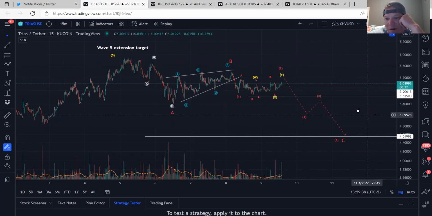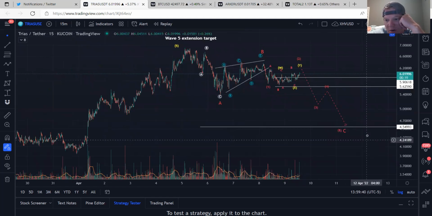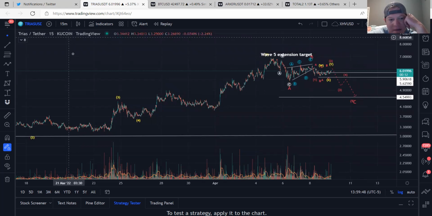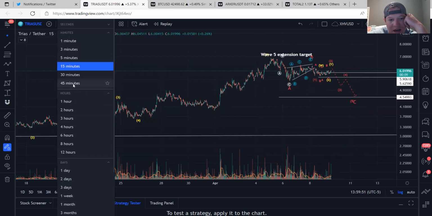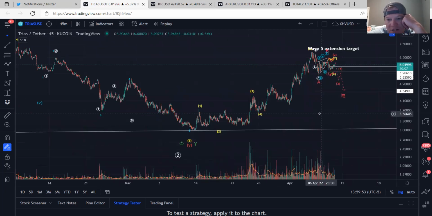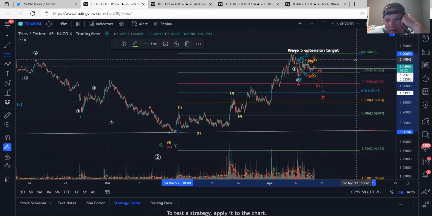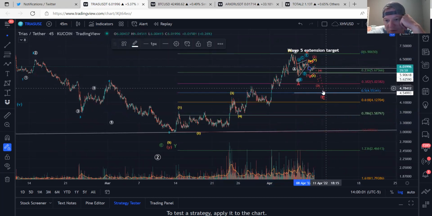So only time will tell, but roughly at this point, my target is around 455-ish on the top end. That to me would be a fairly shallow correction for a 2-wave. That would only be a retracement of 50%, a 0.5 retracement on the fibs. 2 waves typically go 0.5 to 0.618 and potentially down to 0.786.